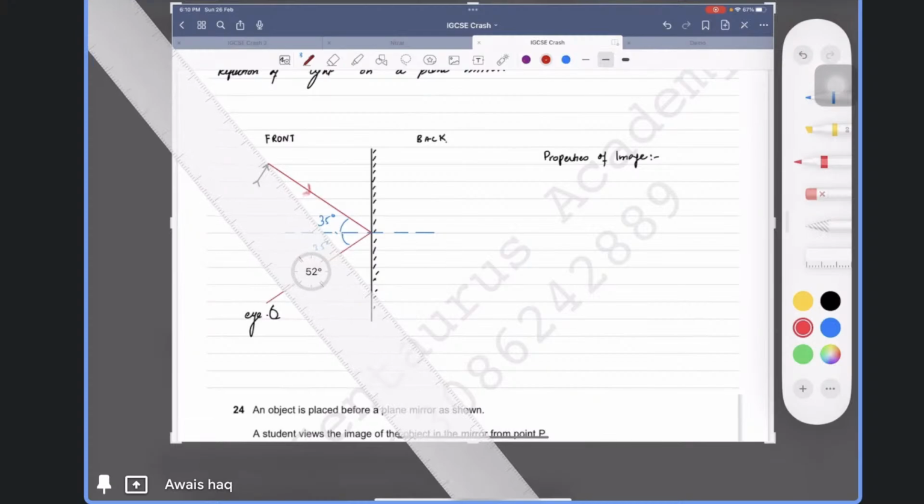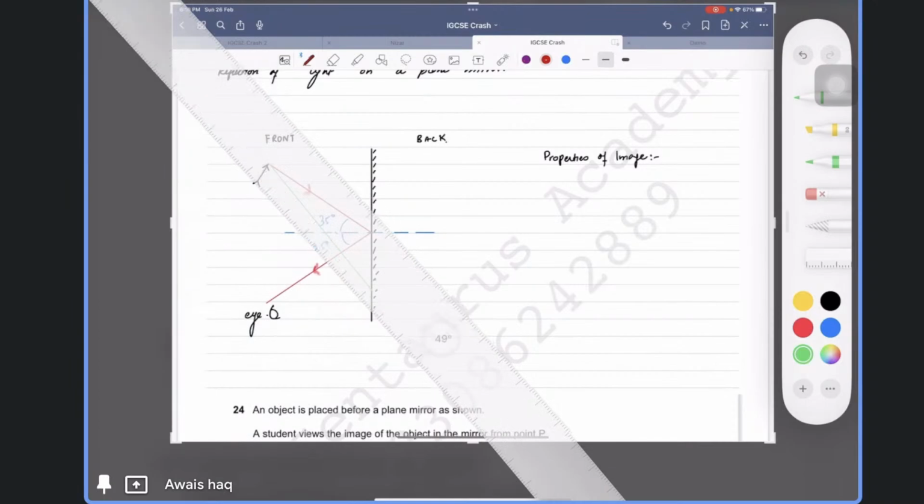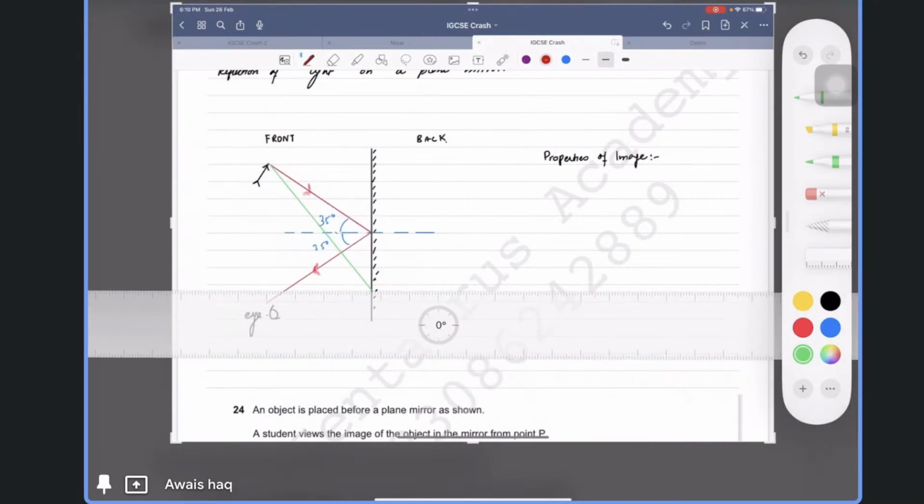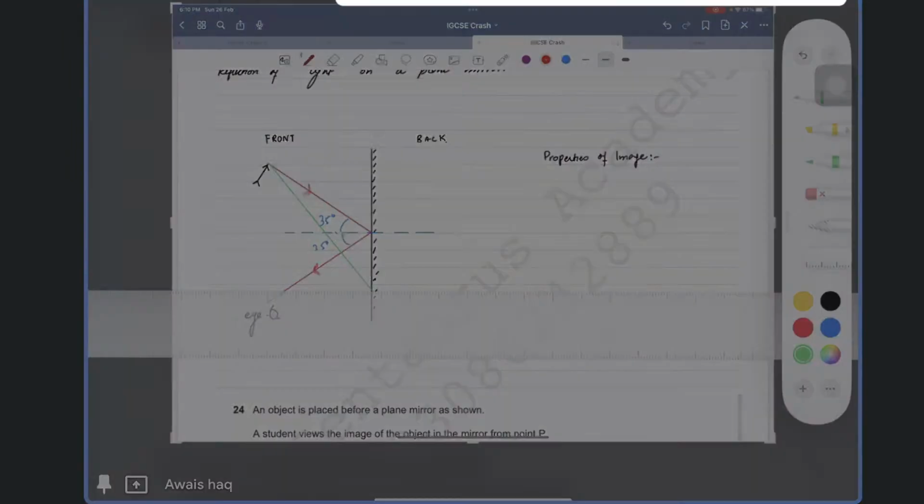I'm going to take it at 52, change the color, it's green. So I'm going to take another line from the same point and take it here. And then you have to make a normal again at the same point where it strikes. So draw the normal.